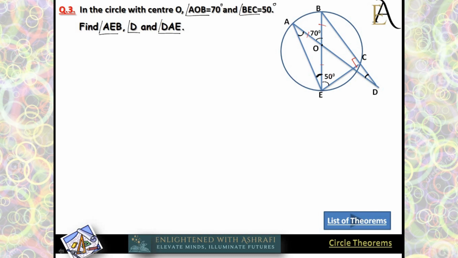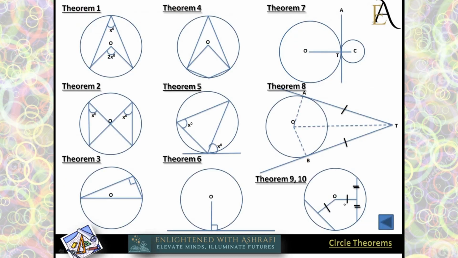This is a straight line. If this is 70, then this will become 110, this will also become 110, and in this triangle we can find out this. So let's start. We're going to use theorem 3 over here.